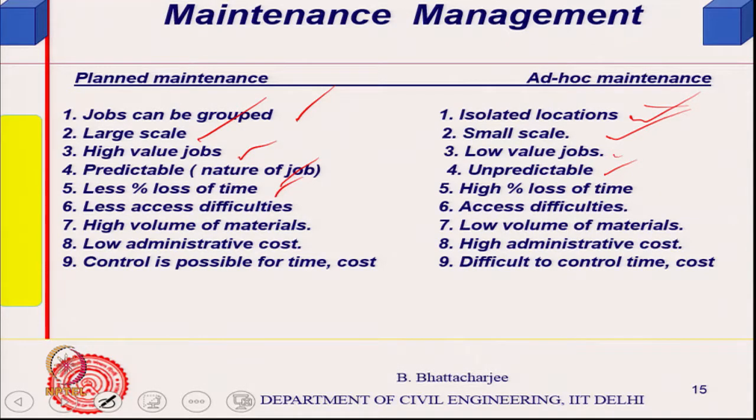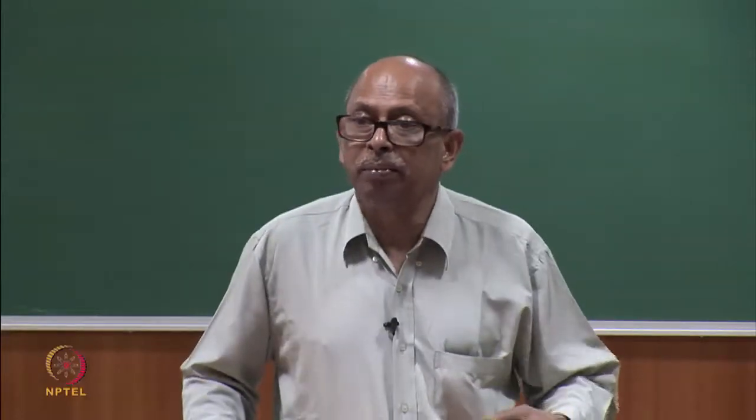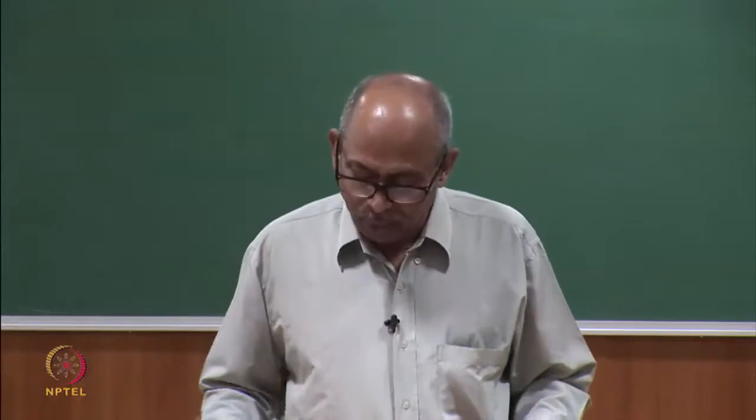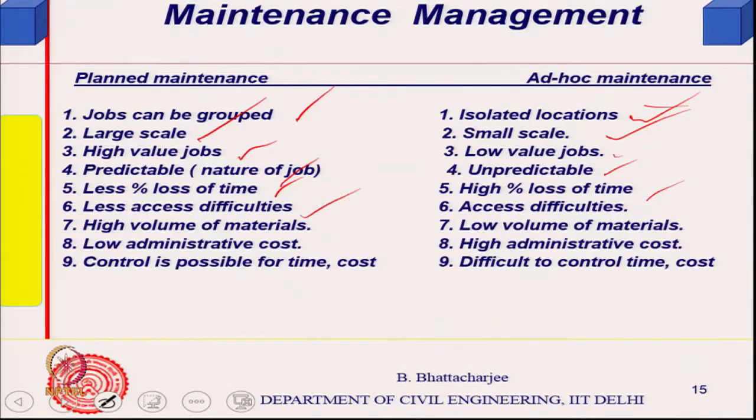Percentage loss time will be much less in case of planned maintenance, high percentage loss time in this one. Access difficulties are also there, because you have to enter premises, possibly you will have to take permission or ask the user. This will have difficulties, this will have less difficulties.